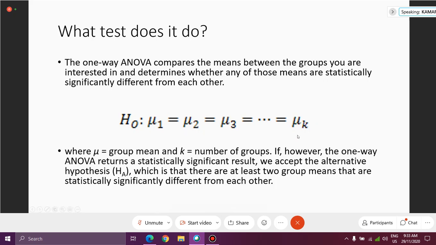Instead, we will say not all groups have the same means. So if the F test is big and the p-value of the F test is less than 0.05, then we reject the null hypothesis, and we say there are at least two group means that are statistically significant.